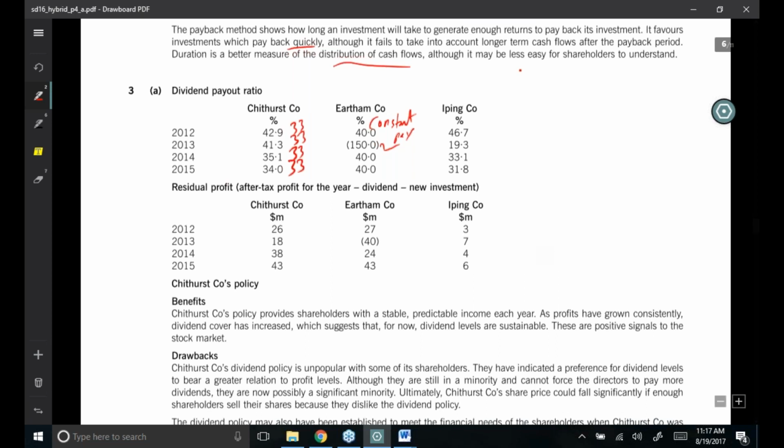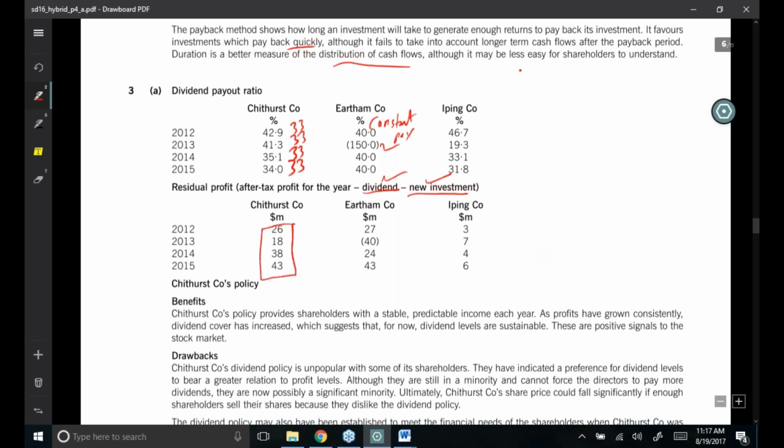So what is this? Residual profit: after tax profit minus dividend minus new investment. You have earned this much profit, you have distributed this much, and you have invested this much in the new assets. So after paying dividend and investing in the new investment, this company still has a very large amount of funds available.